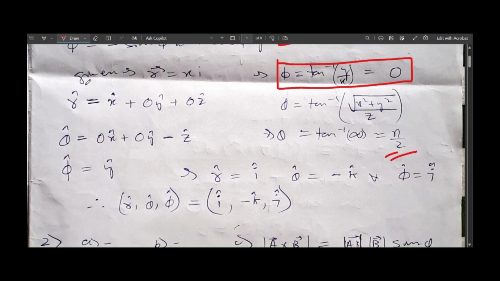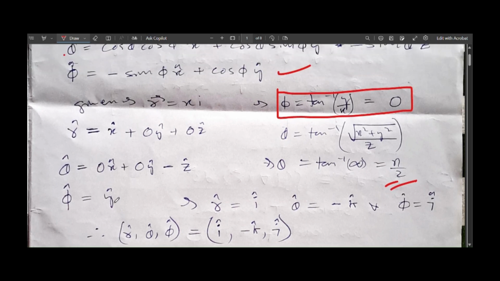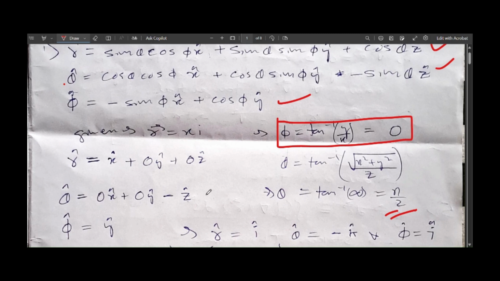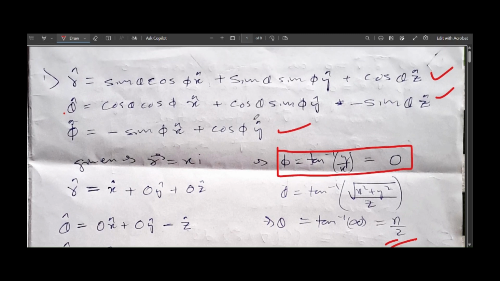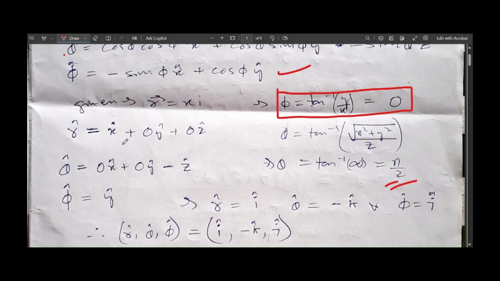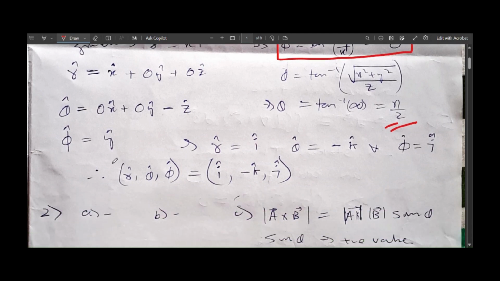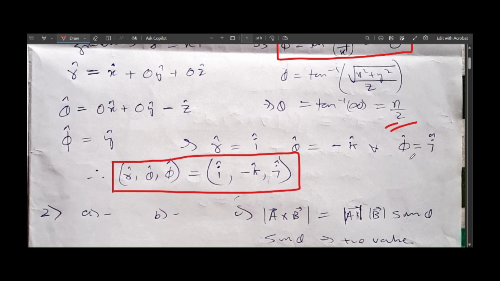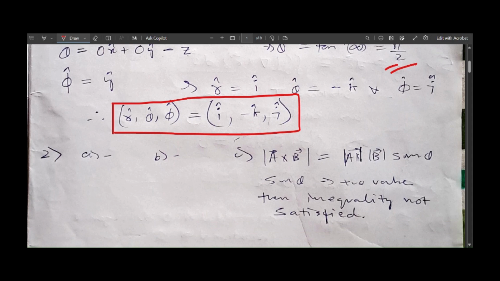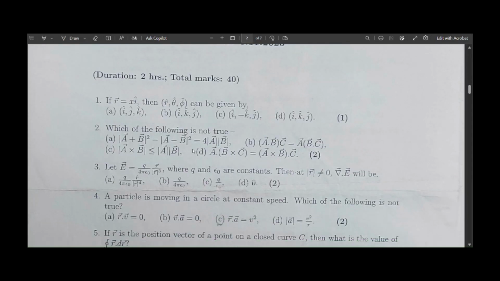And putting these values in the above equations, we can find the value of r cap, theta cap, and phi cap, and thus we can arrive at the final answer very easily. This is the final answer. So the first question is very easy.